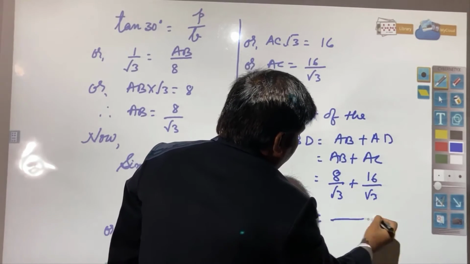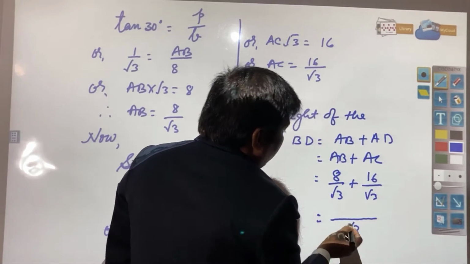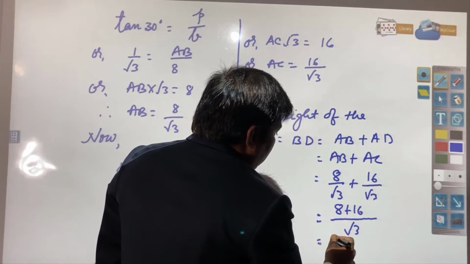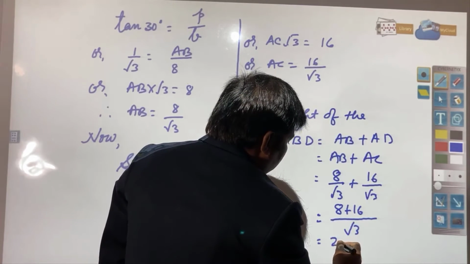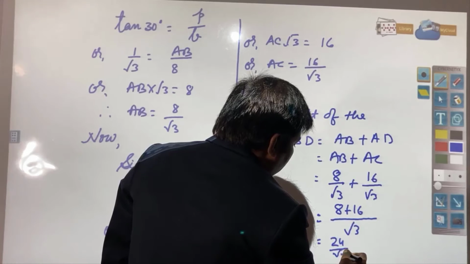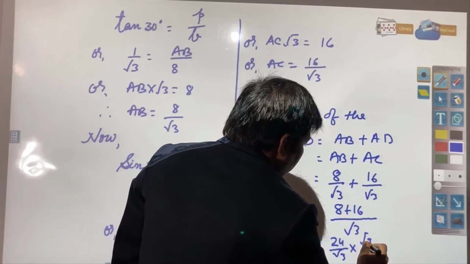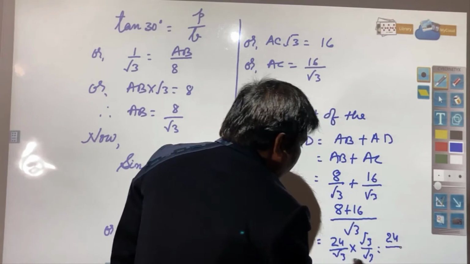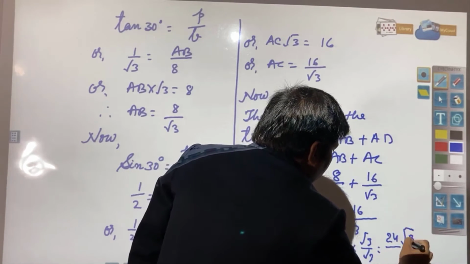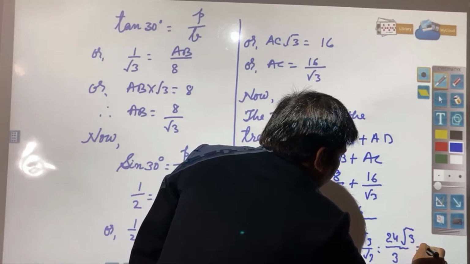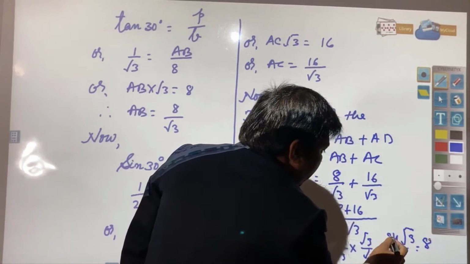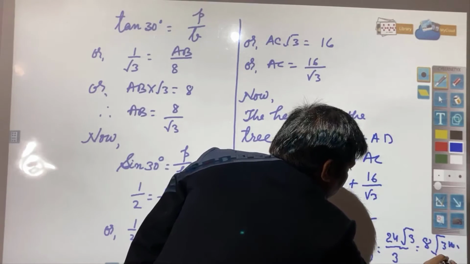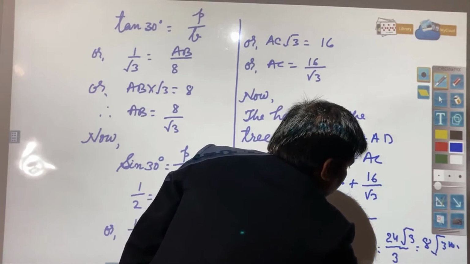Your LCM will be root 3. What you will get? 8 plus 16. It means 24 by root 3. If you rationalize this, what you will get? You will get 24 root 3 by 3. It means 8 root 3 meters, and this will be your answer.